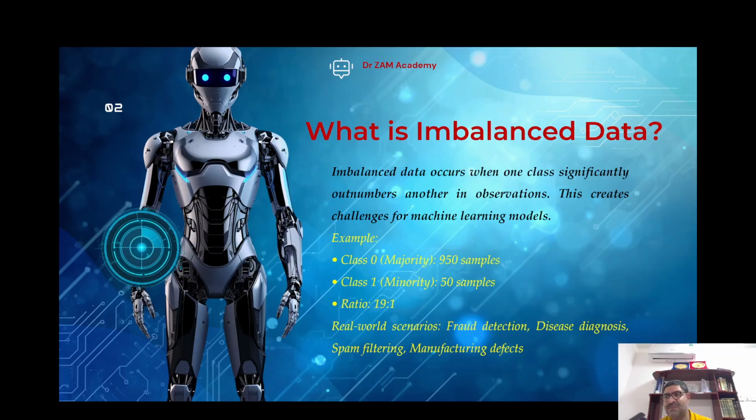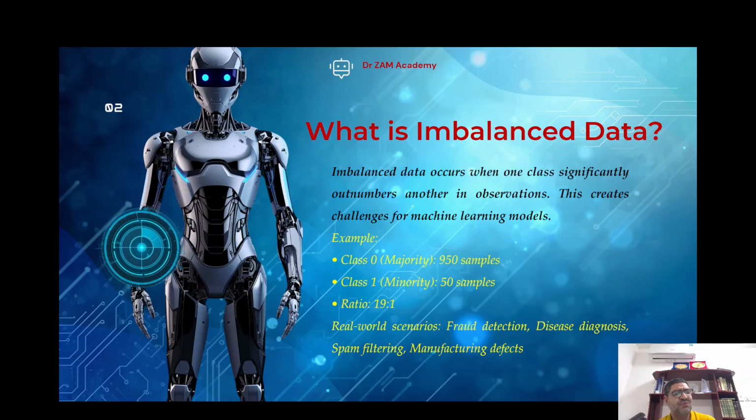Let me give a little more explanation so that you can understand it better. The example is that we have class 0, which is the majority class, having 950 samples out of 1000.